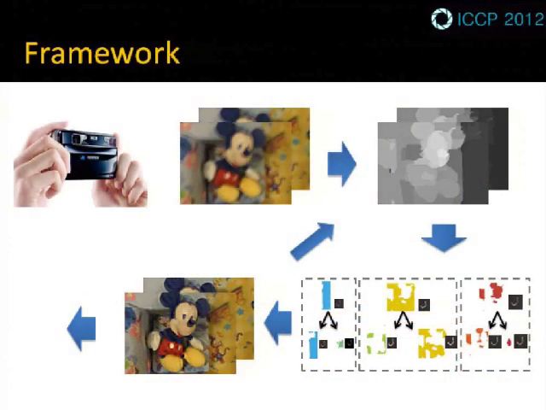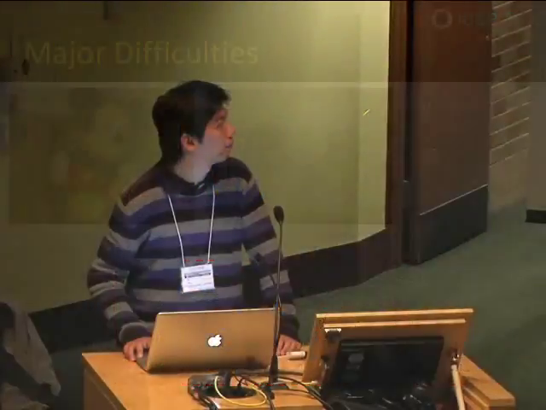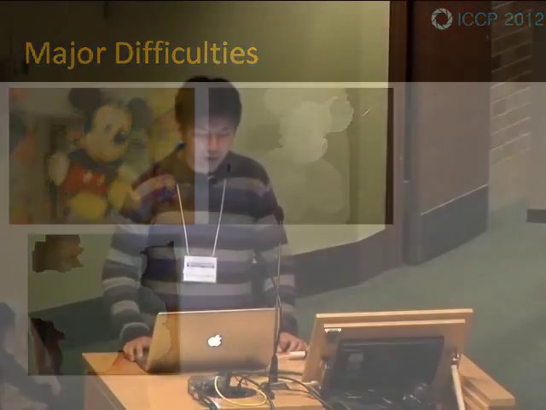So now we see the major difficulties in incorporating the depth map into the PSF estimation and our hierarchical scheme. Given the depth map, a straightforward method is to apply the existing blind deconvolution methods to each depth layer. However, this is not easy. Taking this example, this region includes all pixels for one depth layer.